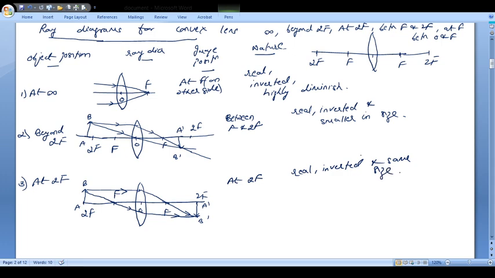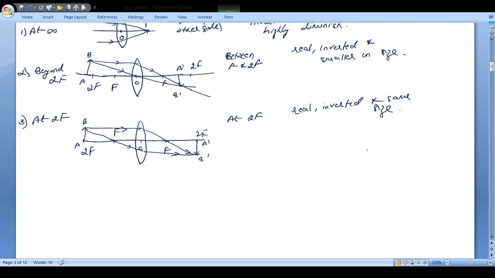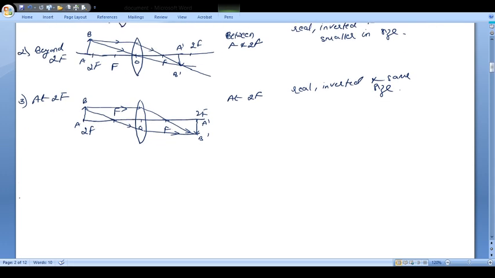Now after 2F we have between F and 2F. So let's see another case, the fourth one. Between F and 2F. So if I draw the ray diagram here, this is optical center O, this is F, and this is 2F.